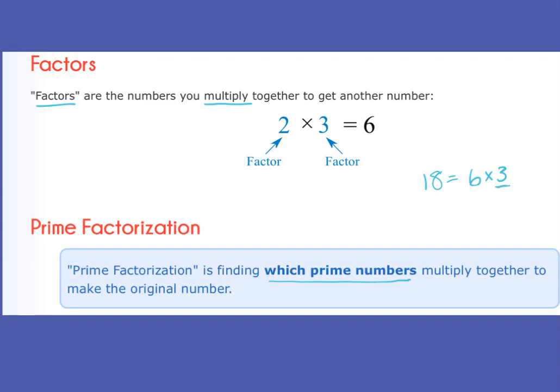This one we said was already prime, and then we would see what prime numbers make up 6, because if I can find that, then that's the same as 6 times 3. So 2 and 3. That's prime, that's prime. So the prime numbers that make up 18 would be 2 times 3 times 3. This replaces my 6. And my 3 was already prime.